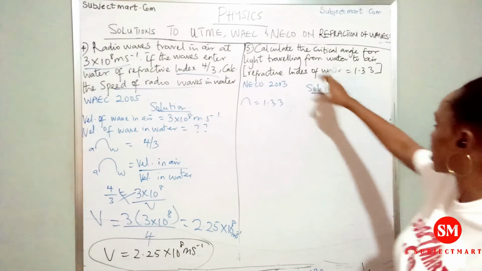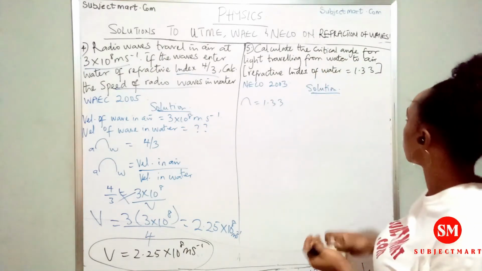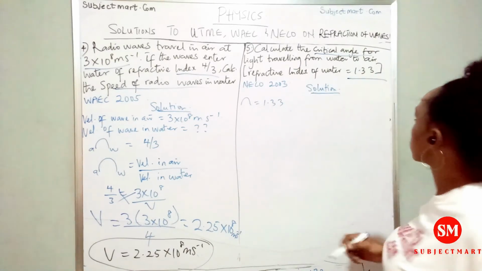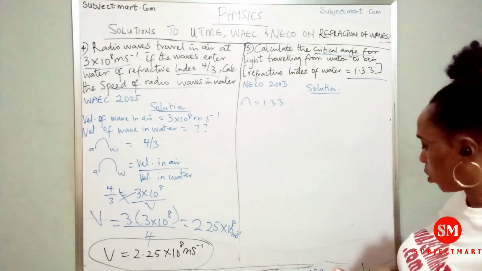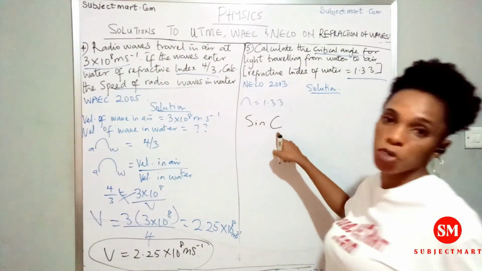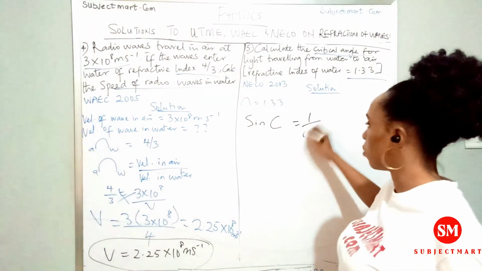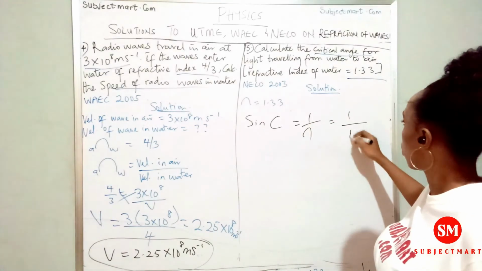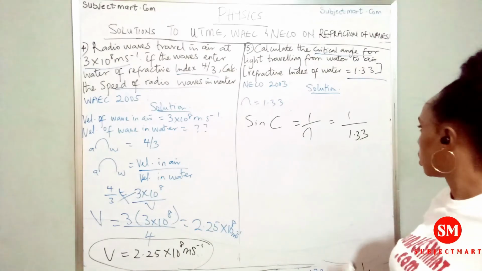The next question says calculate the critical angle. We are given the refractive index. To find the critical angle, you recall that sine C, where C is the critical angle, is equal to 1 over the refractive index. And that will be equal to 1 over 1.33.